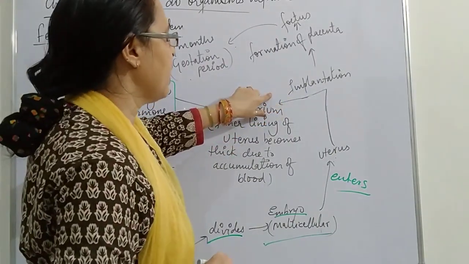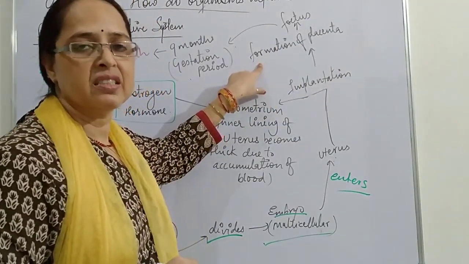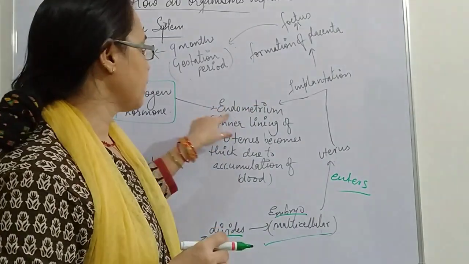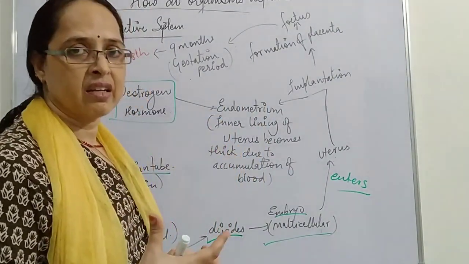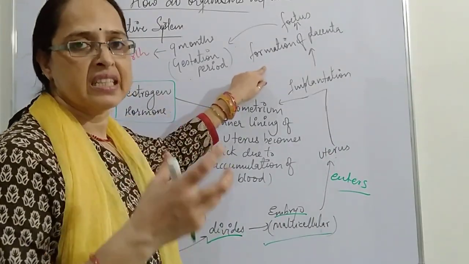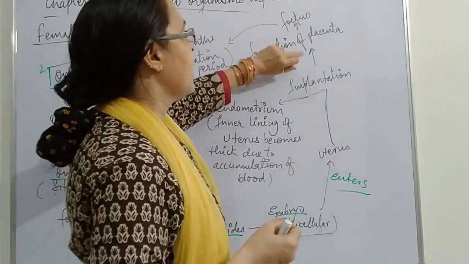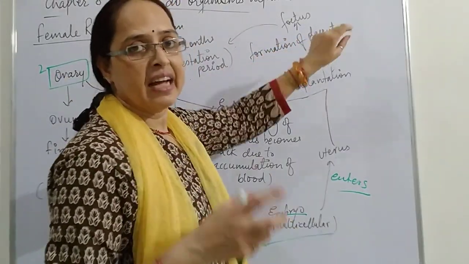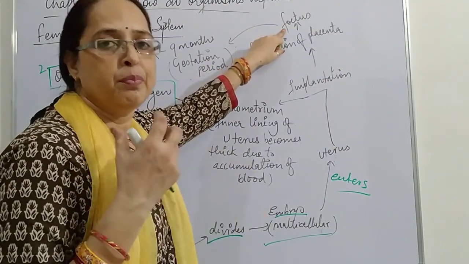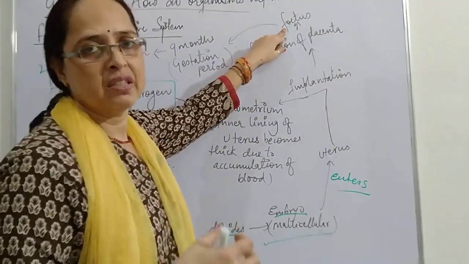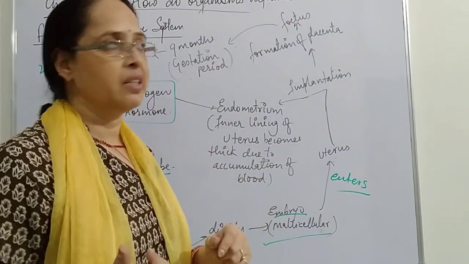Okay. So what will happen after implantation? There is formation of the placenta. The inner lining of the endometrium, where the embryo has attached, becomes thick and forms a disc-like structure which we call the placenta. After formation of the placenta, the embryo is called the fetus. It takes nutrients from the mother's blood, so there is a blood-to-blood connection of the fetus with the mother.